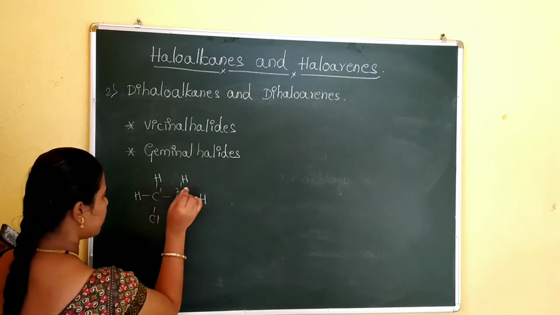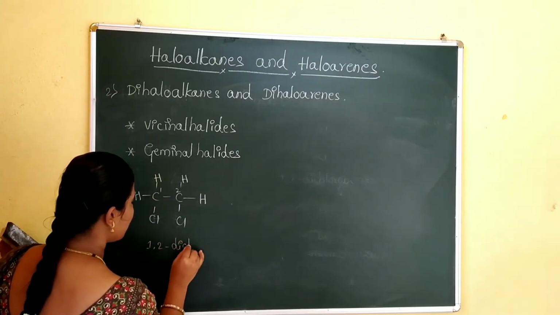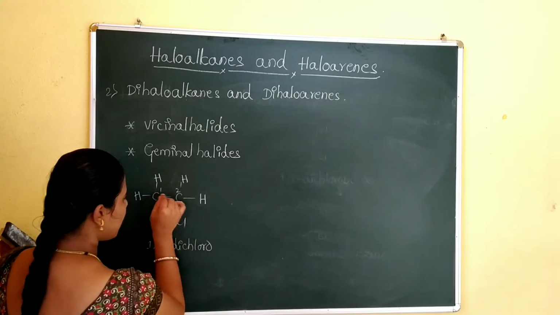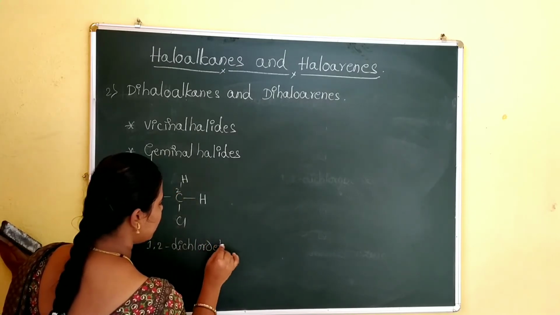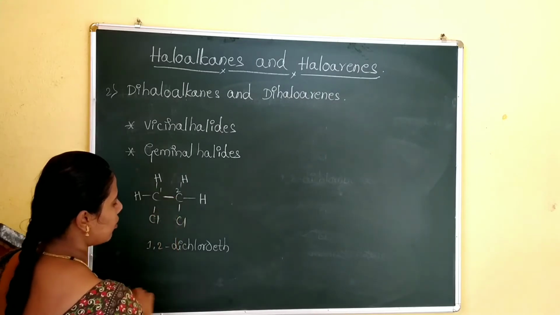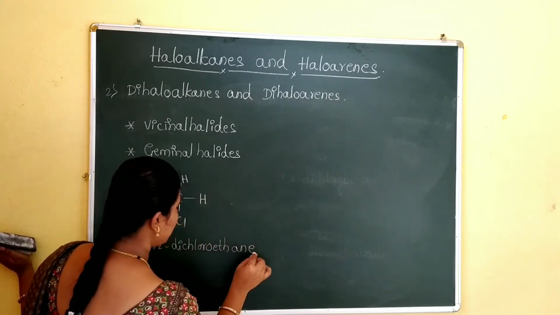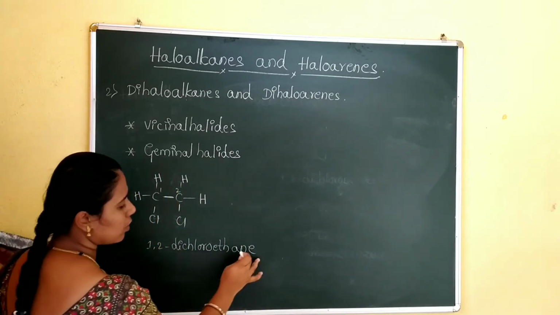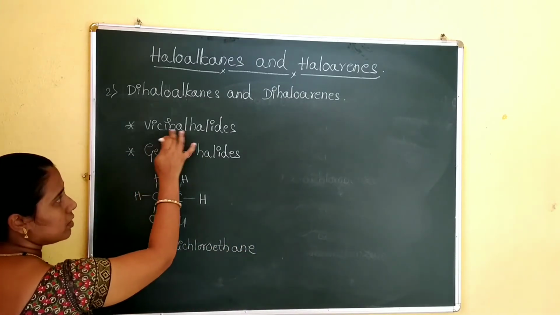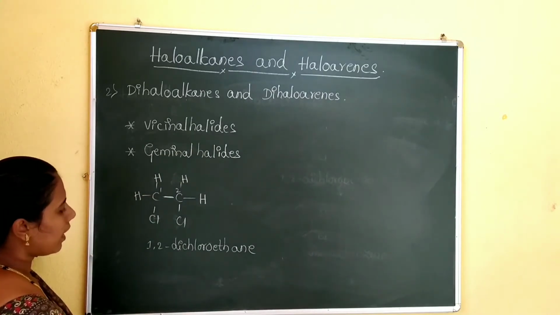The name of this compound is 1,2-dichloroethane. Two carbon atoms are there, therefore the root word is eth, and it contains a carbon-carbon single bond, therefore the primary suffix is ane. 1,2-dichloroethane. These are called vicinal dihalides, or simply vicinal halides.